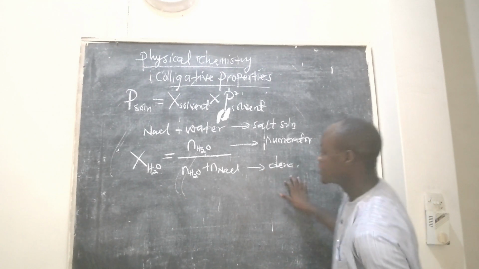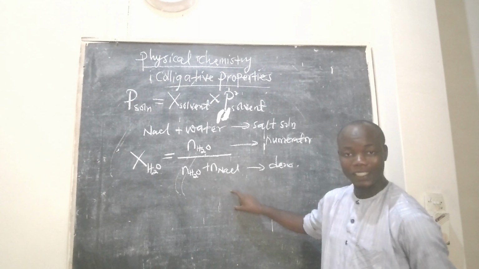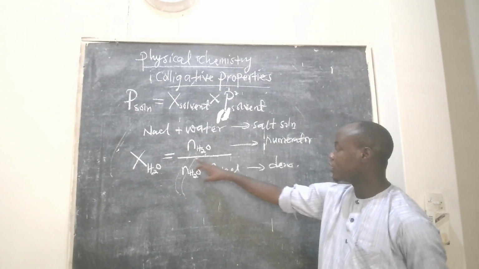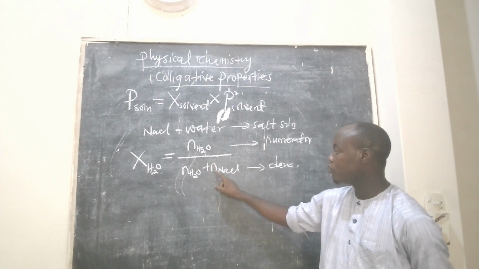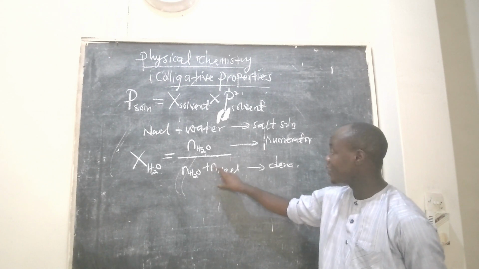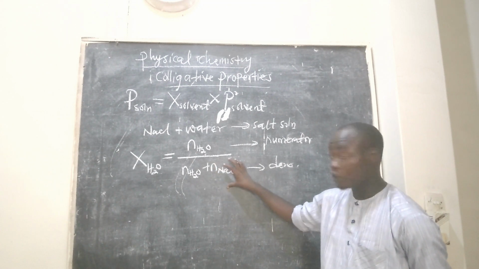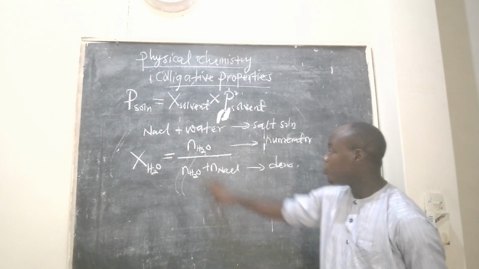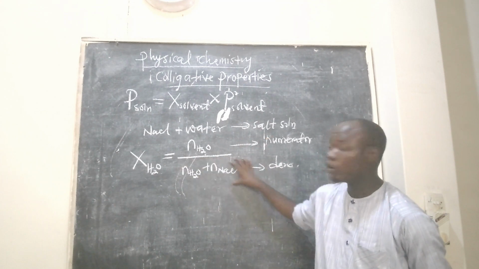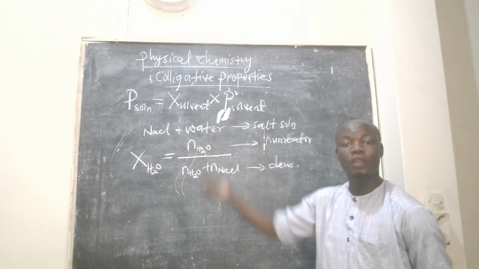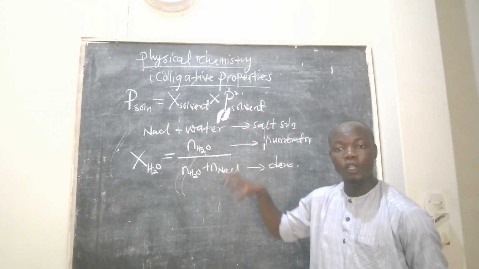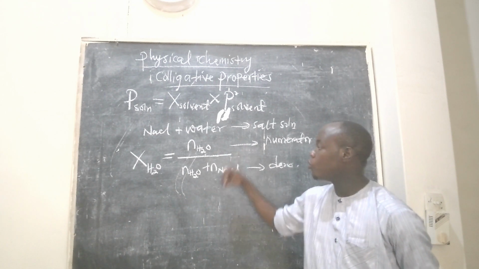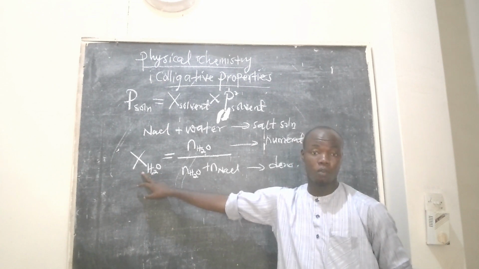In this equation, you can see that the number of moles of solute particles is in the denominator. So the more you increase the number of solute particles, the more you increase the value of the denominator, meaning the more you decrease the mole fraction.